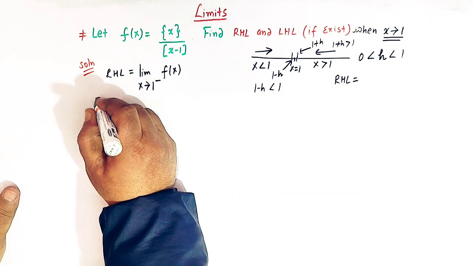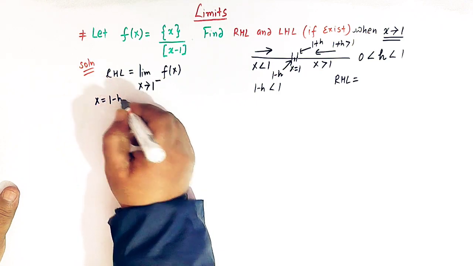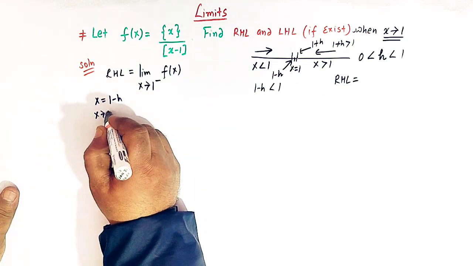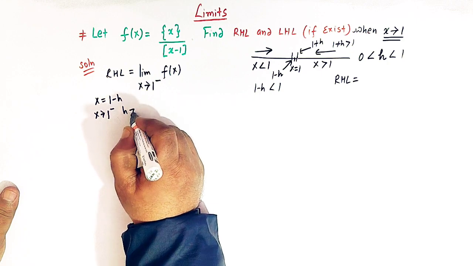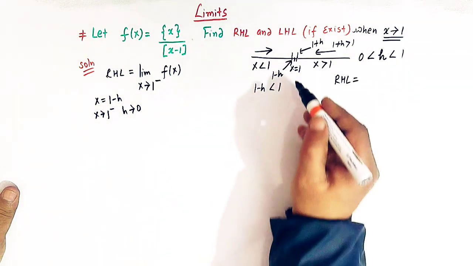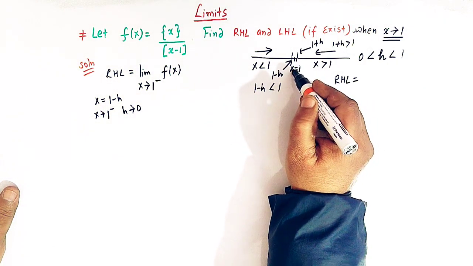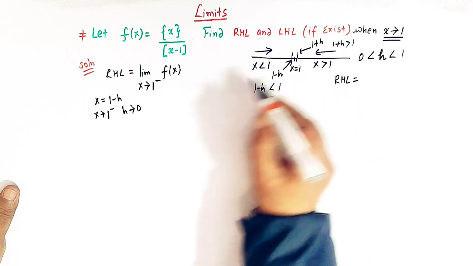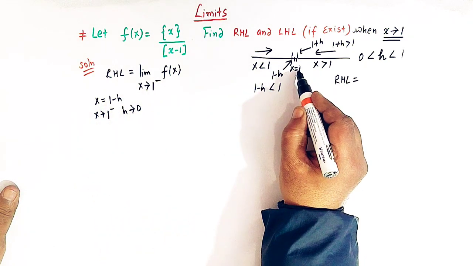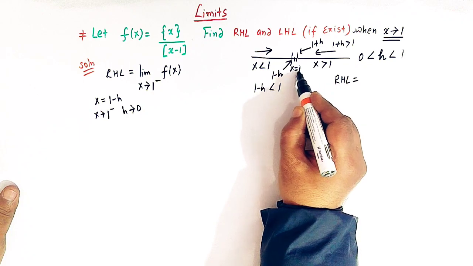Now we take x is equal to 1 minus h. When x tends to 1, obviously h tends to 0, because when h tends to 0 we have the point x is equal to 1.